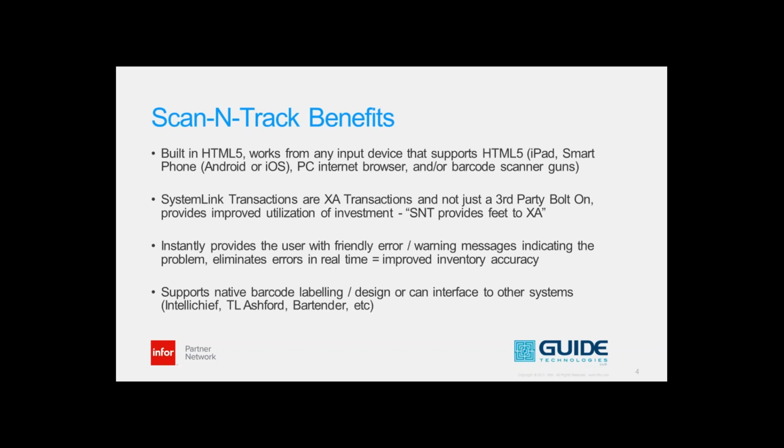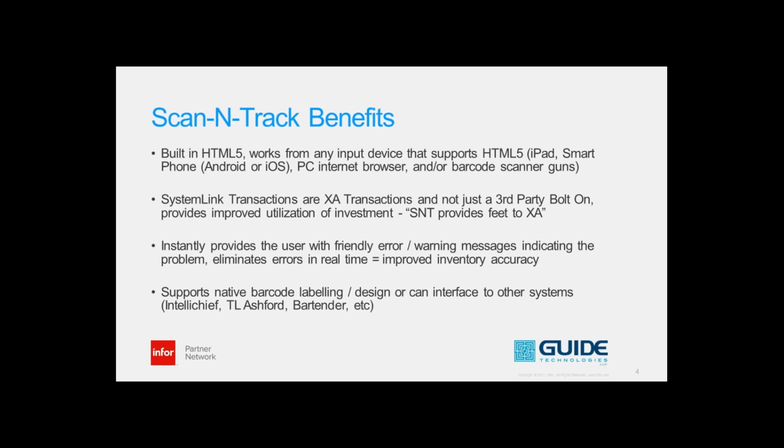We're actually making System Link calls directly back to XA and validating it at the point of the transaction. So it really improves the utilization of the investment you already have. One of the CIOs where we implemented this said that Scan and Track provides feet to XA. So you're still doing everything as if you were in XA, you're just doing it in a mobile format out on your manufacturing floor or warehouse or distribution center.